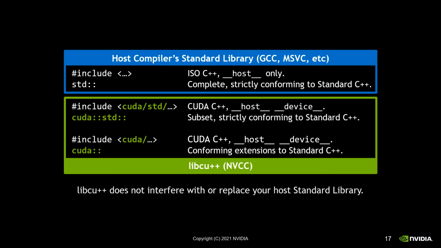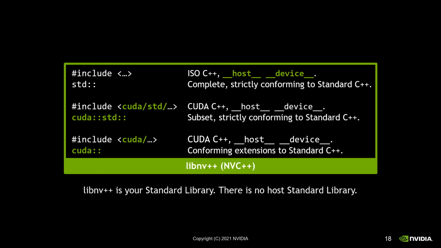While libcu++ is distinct from your host standard library in std, libnv++ is your standard library. There's no host compiler and no separate host standard library. It's a complete standard library implementation that provides all of the facilities in std. And unlike with NVCC, many of those facilities in std are heterogeneous and can be used on the GPU.